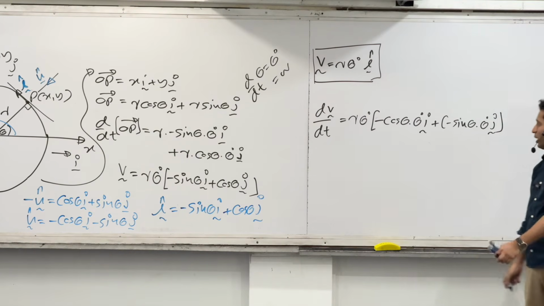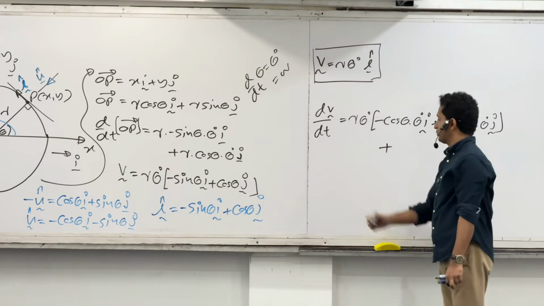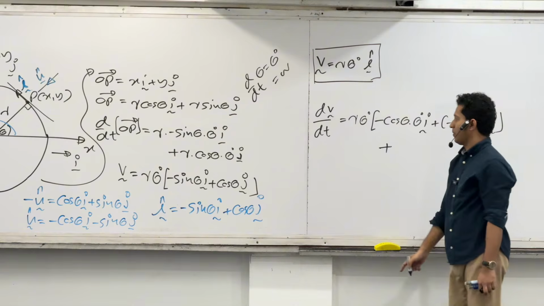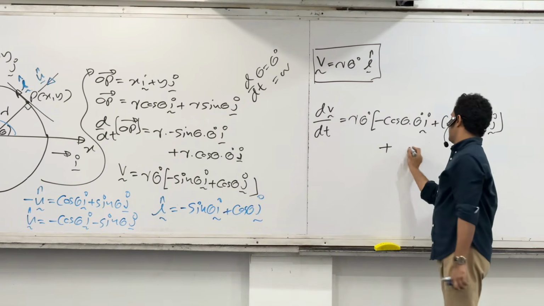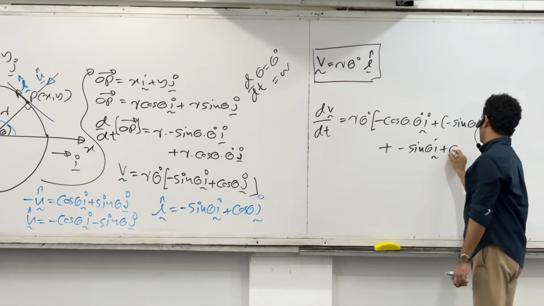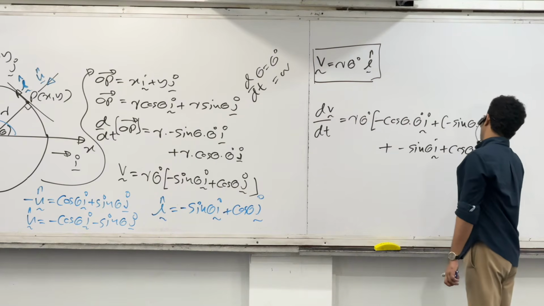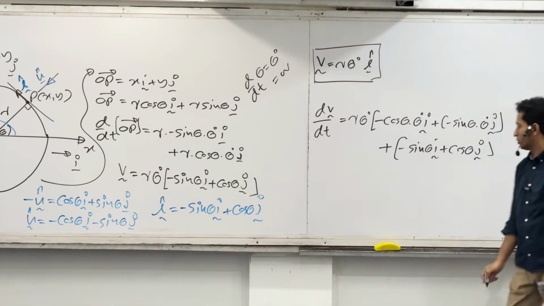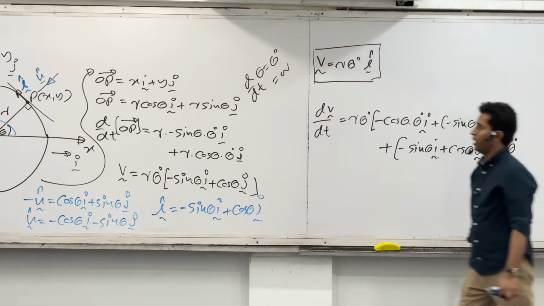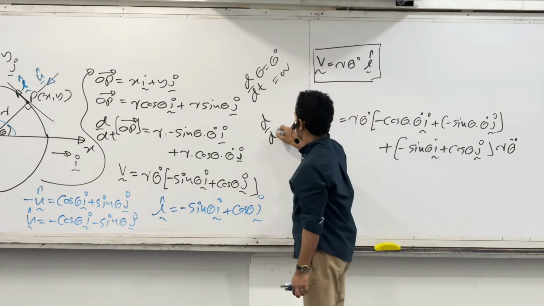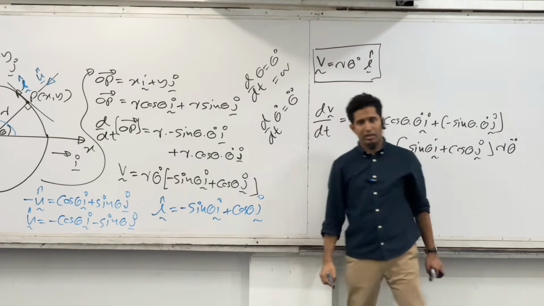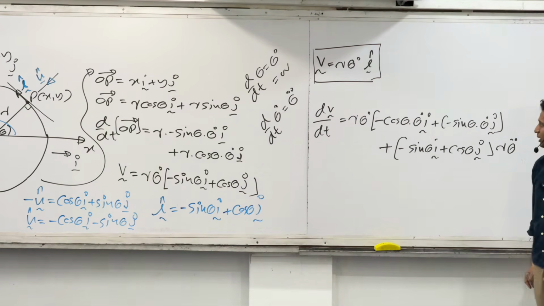That is u v dash, plus v u dash: minus sin theta i plus cos theta j times the differentiation of r theta dot, which comes as r theta double dot, right? Now d over dt of theta dot equals theta double dot.